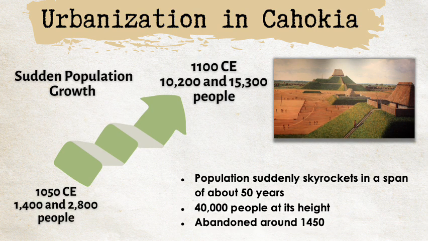Some suggest that the city's large population couldn't be sustained, and others suggest environmental factors. Urbanization, especially sudden urbanization, is a great point of focus when discussing change over time within a particular culture because shifts in food production and living arrangements usually occur.